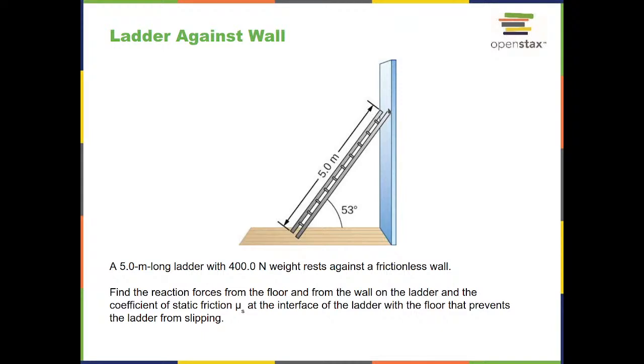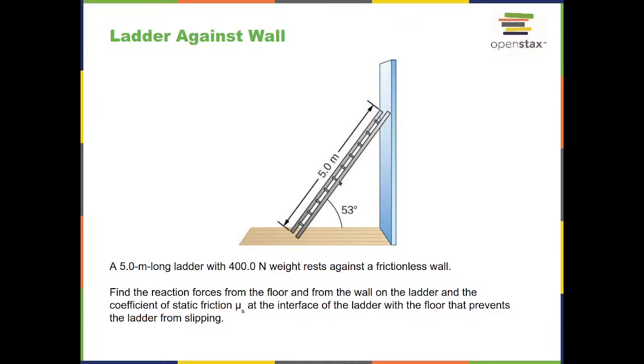There's going to be the normal force from the wall on the ladder. There's going to be the normal force from the floor on the ladder vertically upward, and then there's going to be the static friction force from the floor on the ladder, parallel to the floor pointing towards the wall. That's the force that is actually going to prevent the ladder from sliding, right? There's going to be one other force, and that's the weight.